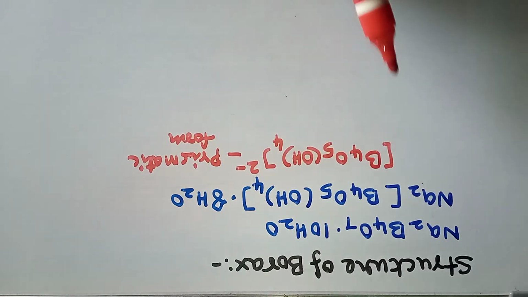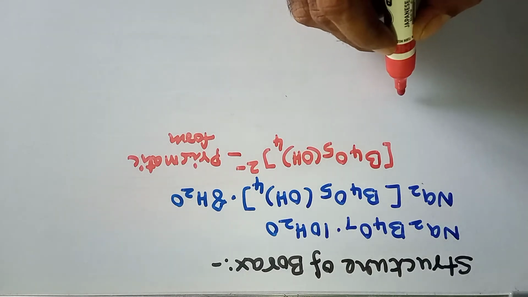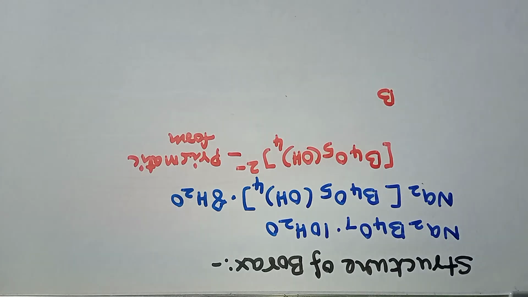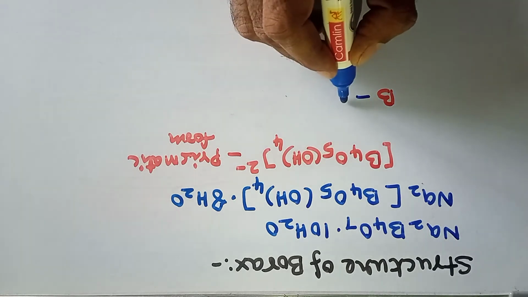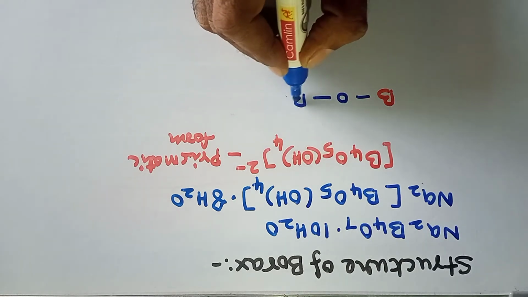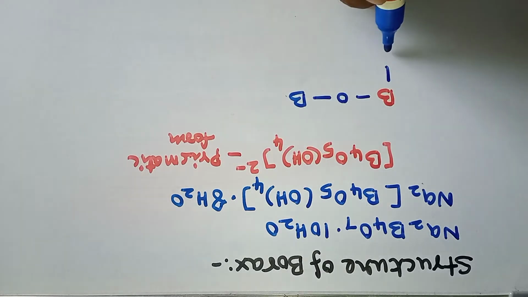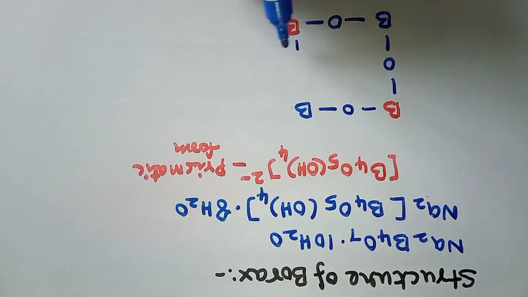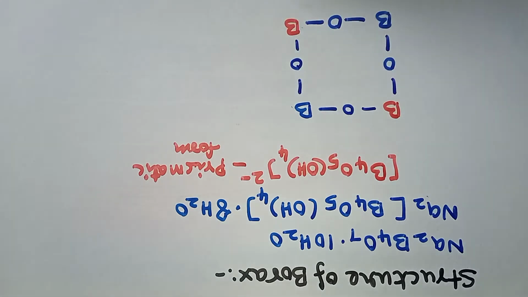Now let us discuss the structure of borax. So in borax, here one boron, then oxygen, boron, here oxygen, here boron, here oxygen, here boron, here oxygen, here boron.